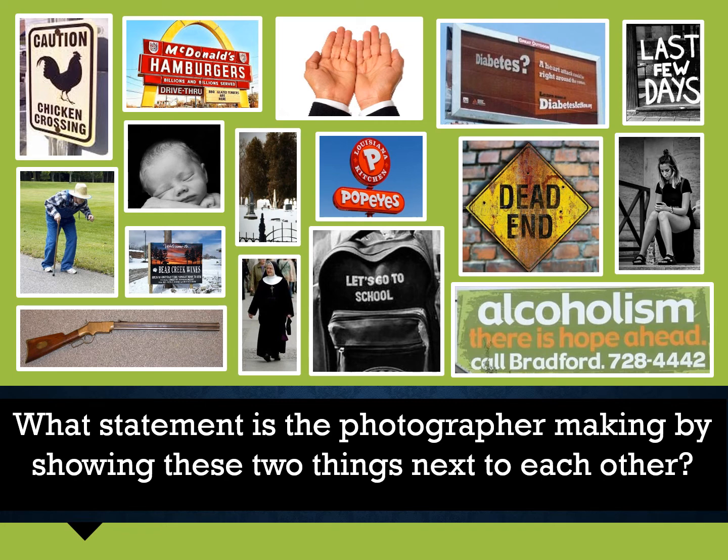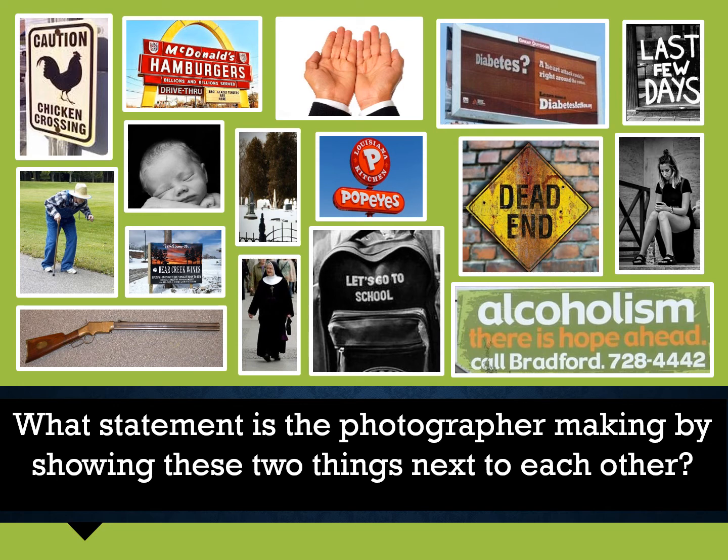When he or she saw these two things juxtaposed, something jumped out at them, and they had a revelation. They saw a statement in the juxtaposition of the two things. So as you put these objects together, think about how the juxtaposition of these two things could be making a statement that a photographer would want to capture in a photograph.